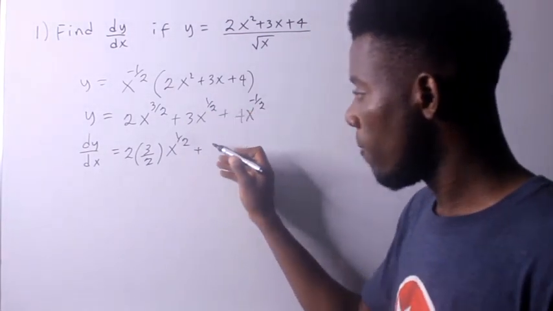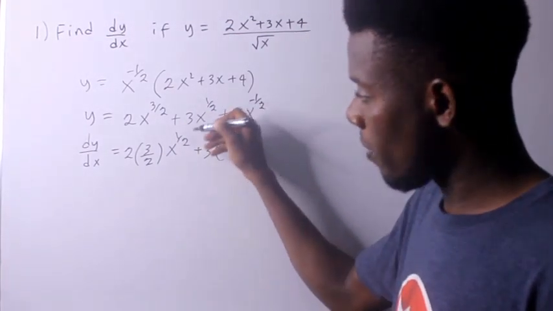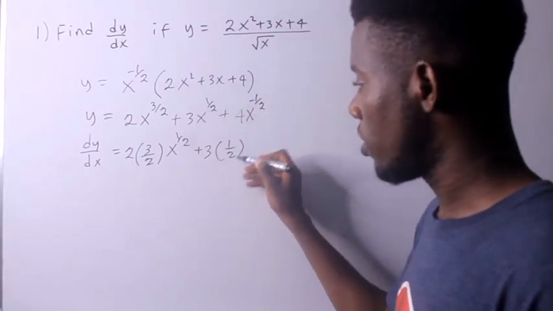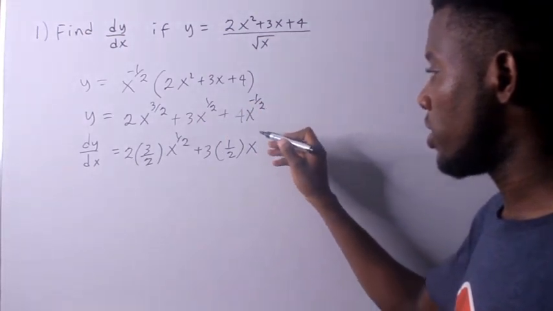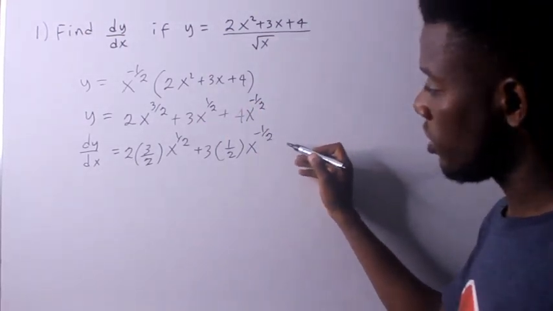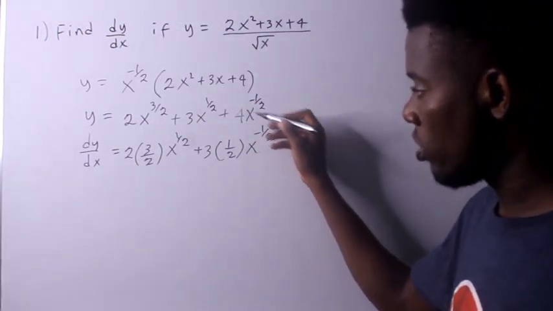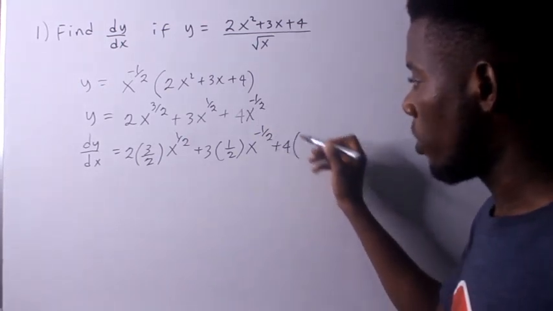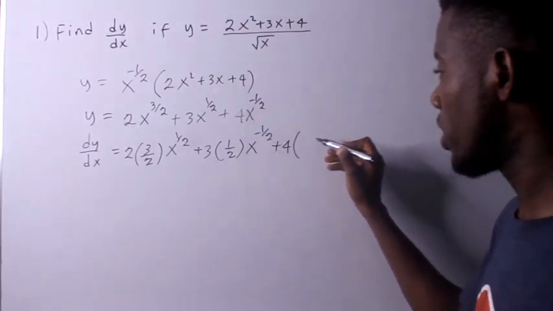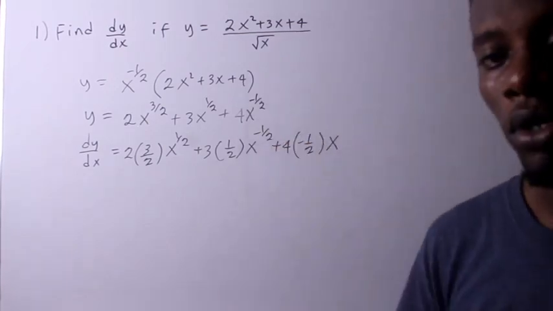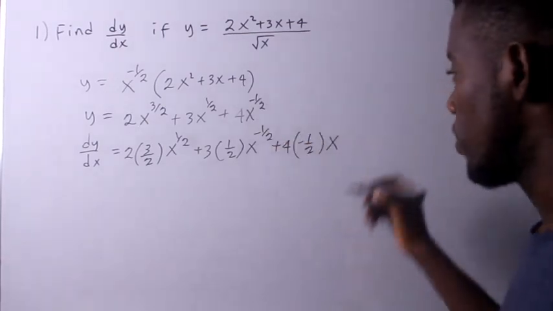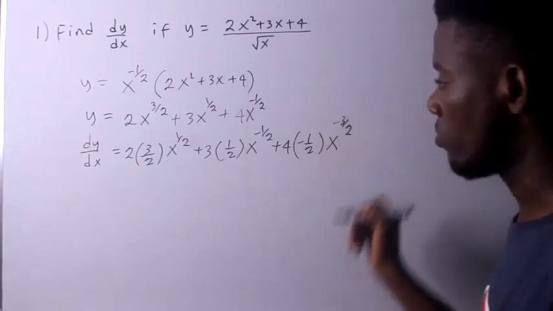Plus, multiply this power by the coefficient, so that's half x, subtract 1 from this power, that is negative half, and do the last one, you have 4, multiply this 4 by the coefficient, which is negative half, and rewrite this x, subtract 1 from negative half, that's negative 3 over 2.